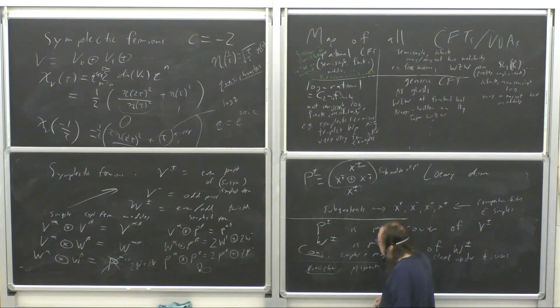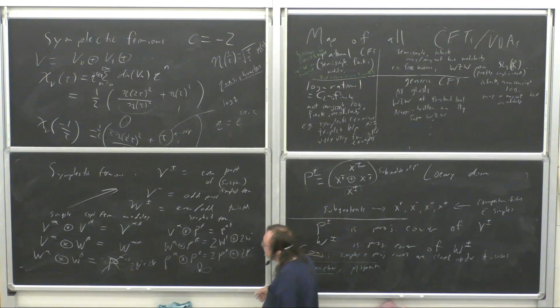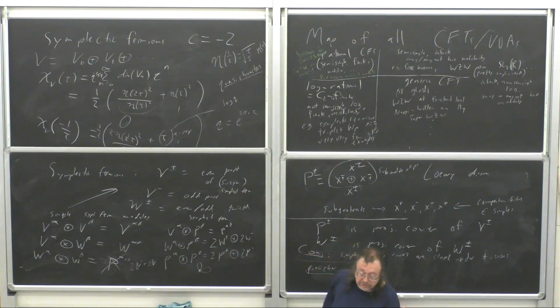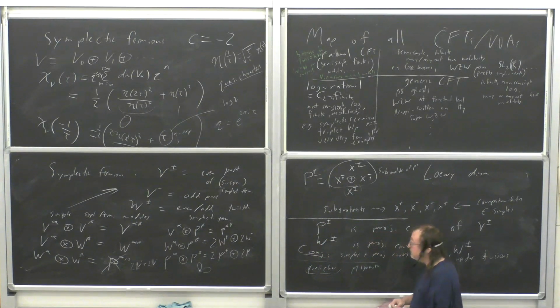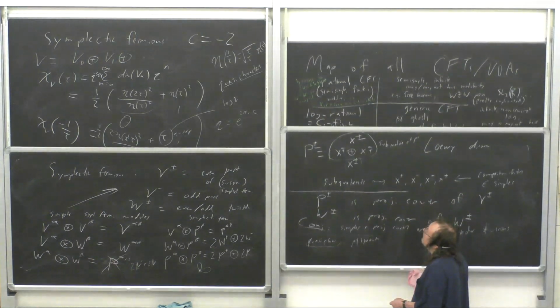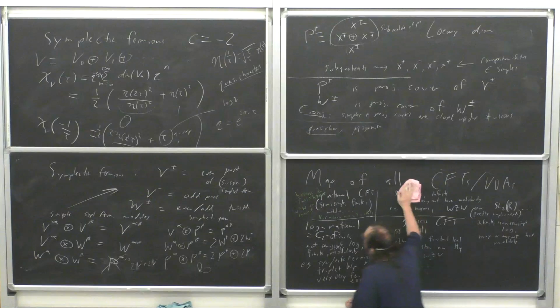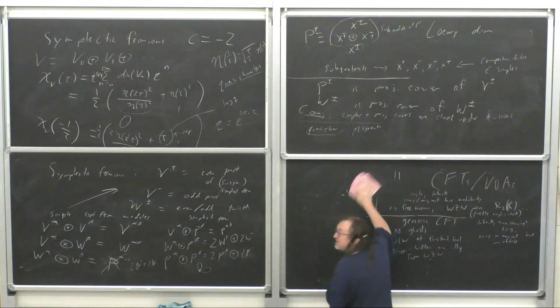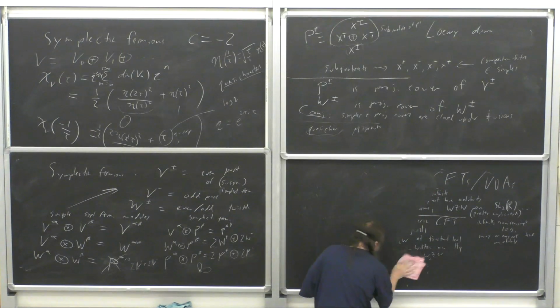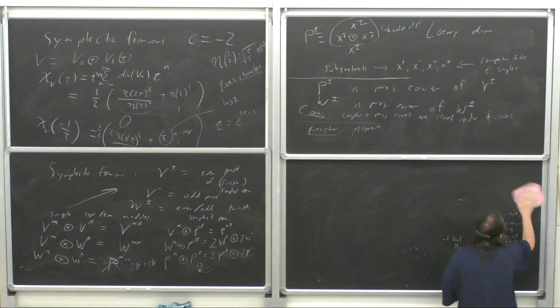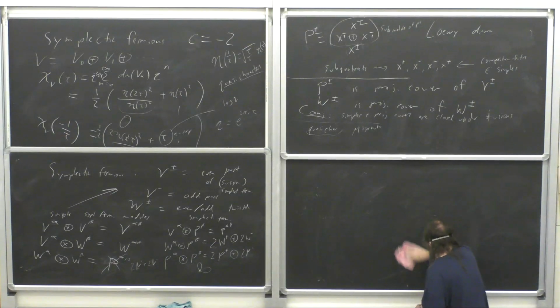And the final thing I want to say is, how do you get the full CFT from the chiral algebras, from the VOAs, when you're not in the rational world, but instead you're in the logarithmic world? This will be the final thing that I say. This is starting to become understood.